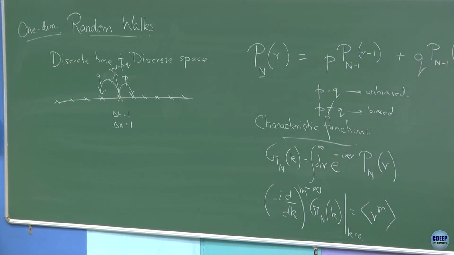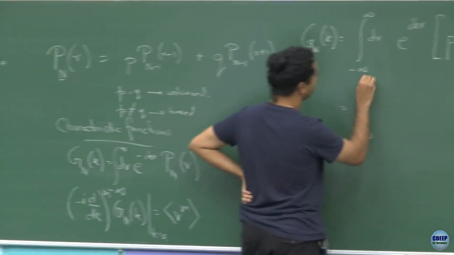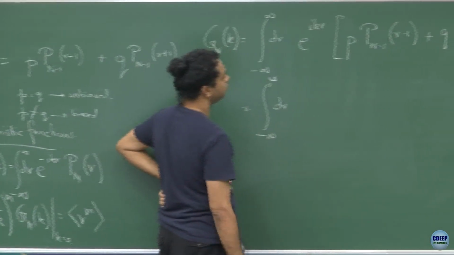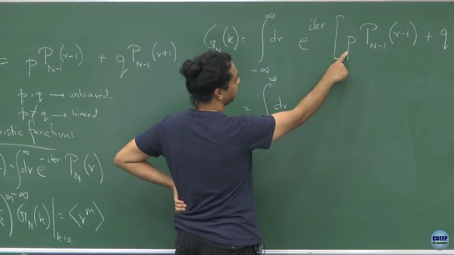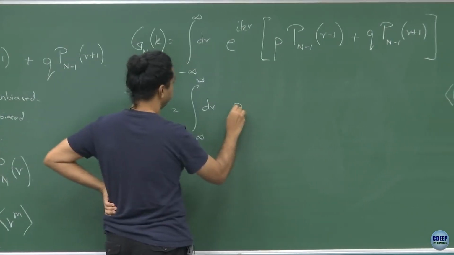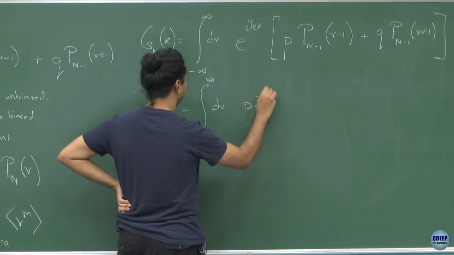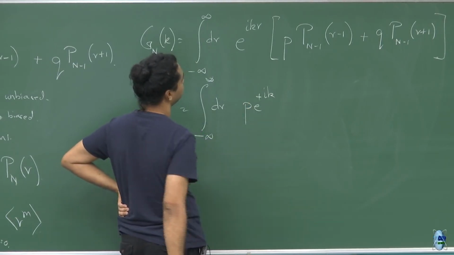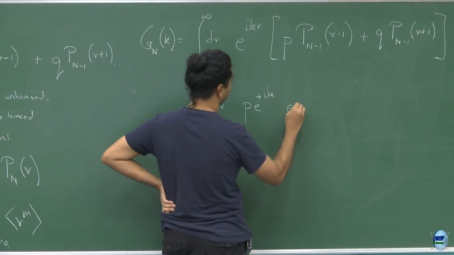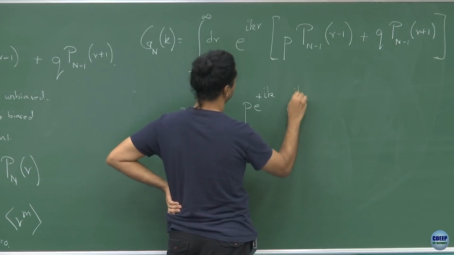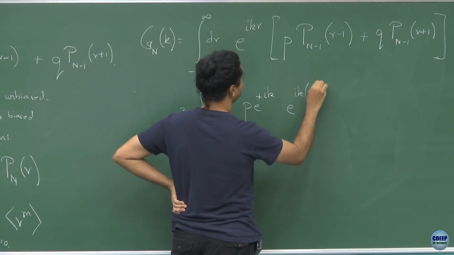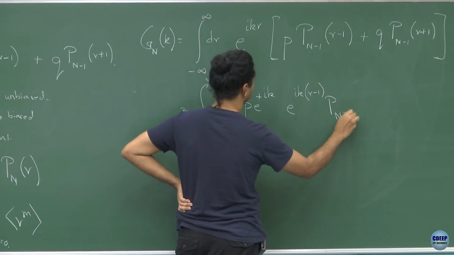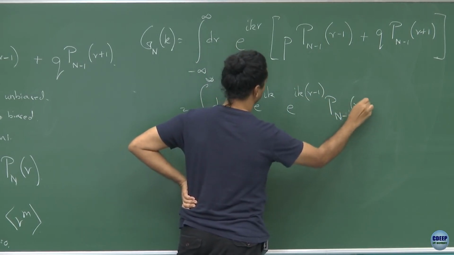So, I substitute for that over here, and then let me try to massage this a little into something more usable. So, let me say I do a p e to the power of plus I k, then I do e to the power of I k r minus 1 p n minus 1 of r minus 1.